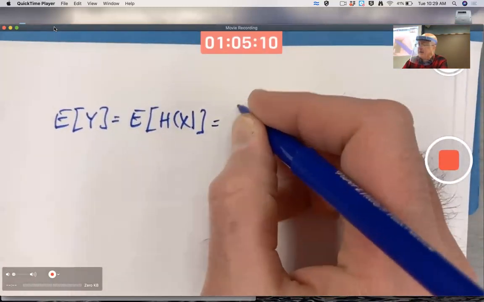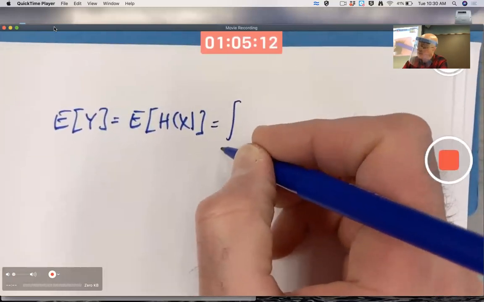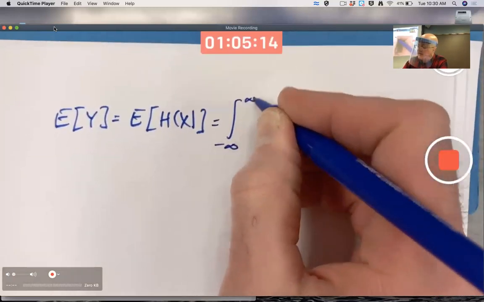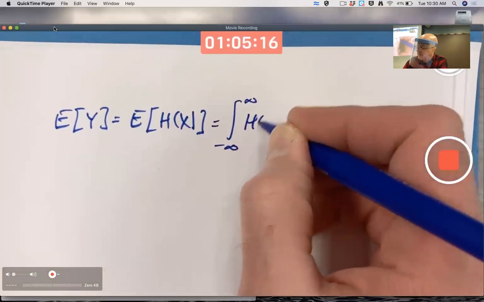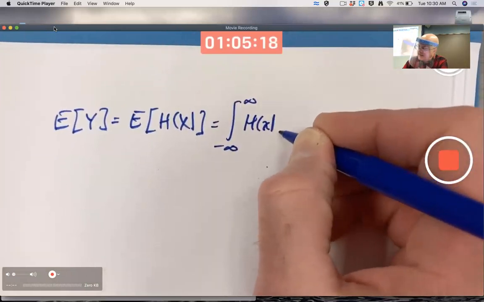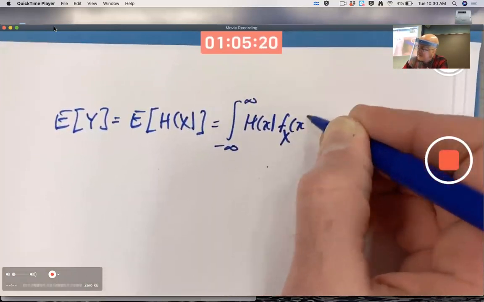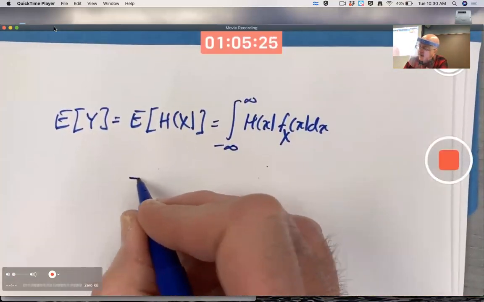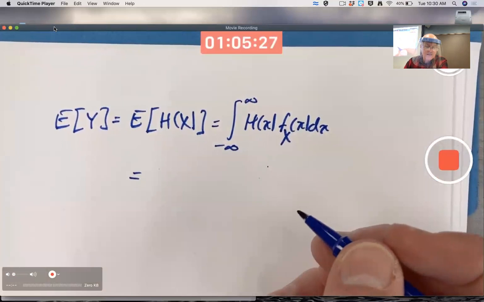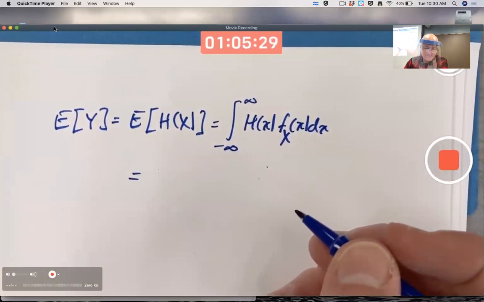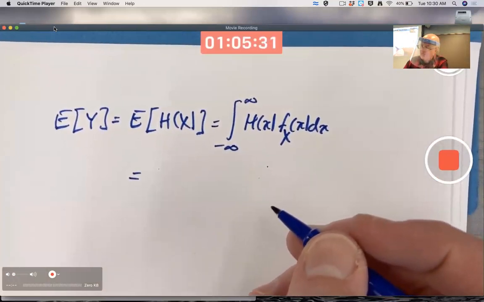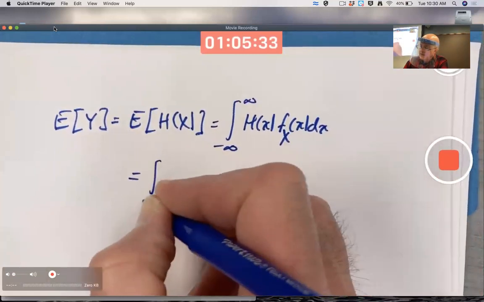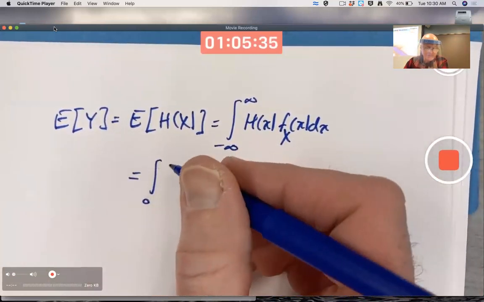And that will be, in the abstract, the integral from minus infinity to infinity of the function h of little x times the PDF of x, f sub capital X of little x. But for our example, because f sub capital X is only positive when x is between 0 and 1,000, I only need to integrate from 0 to 1,000.